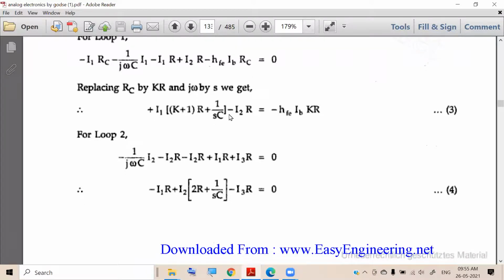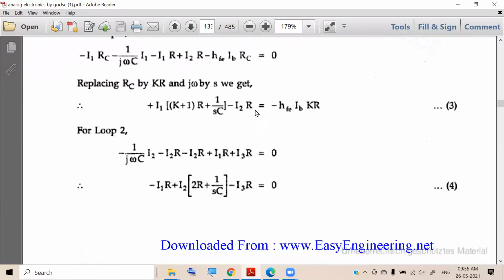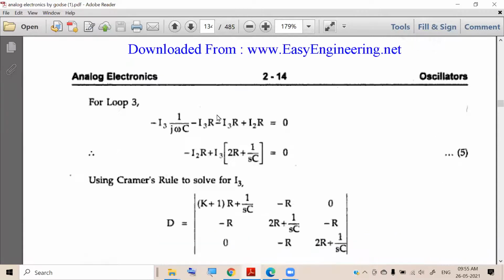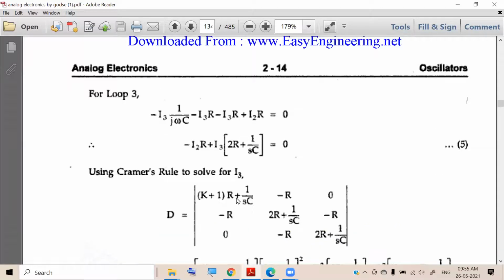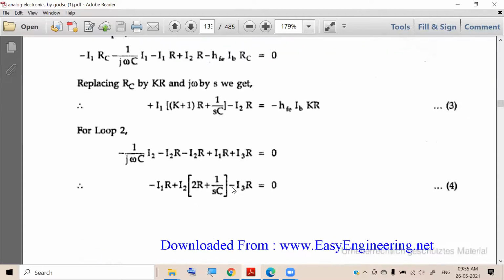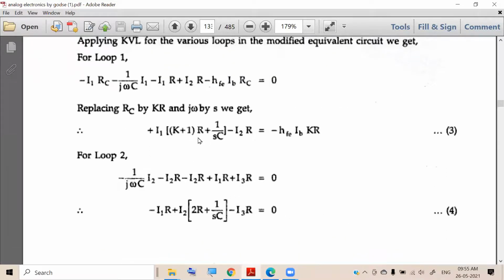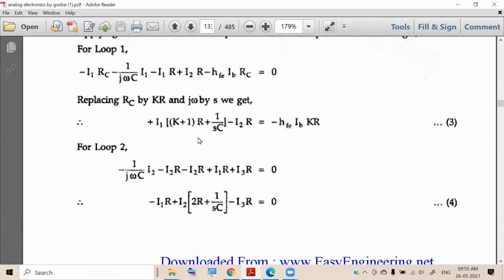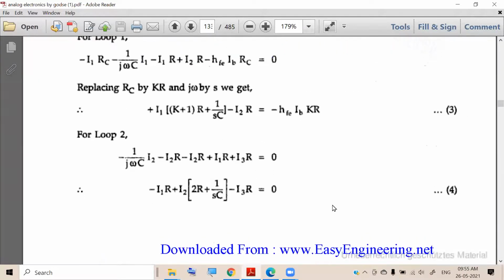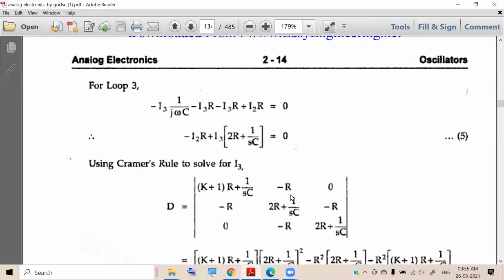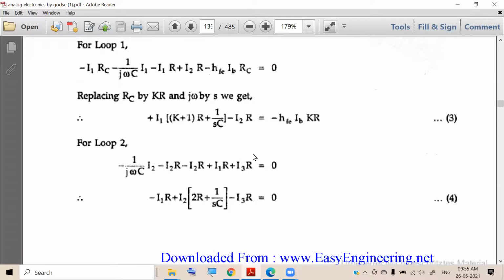What will the matrix form be? First row, the first KVL loop: I1 coefficient is (K plus 1) into R plus 1 by SC, I2 coefficient is minus R, and there is no I3 term, so the I3 coefficient is 0.